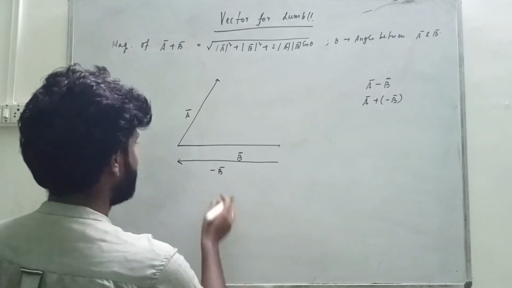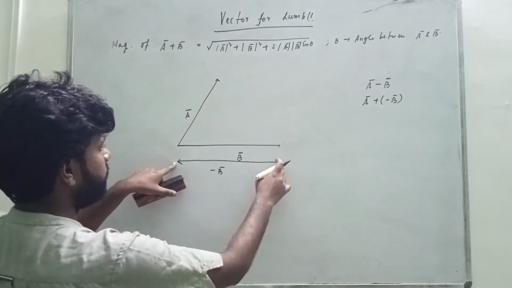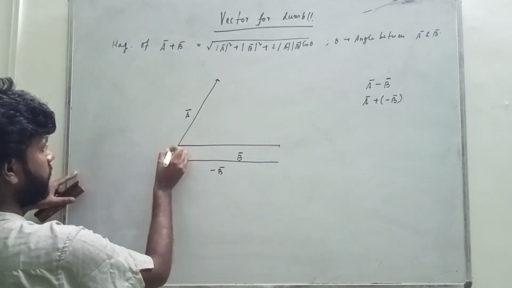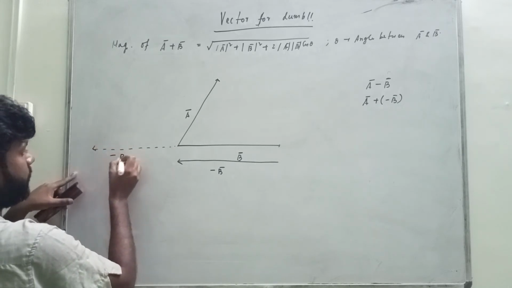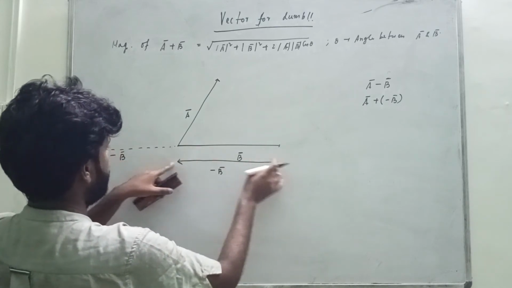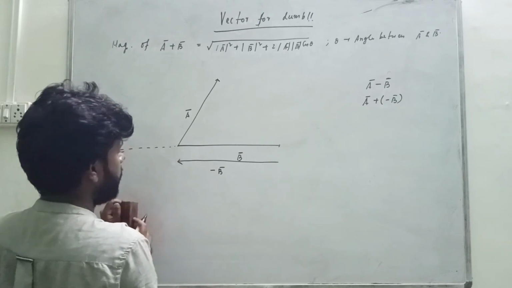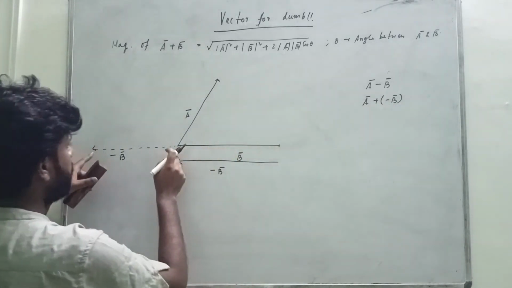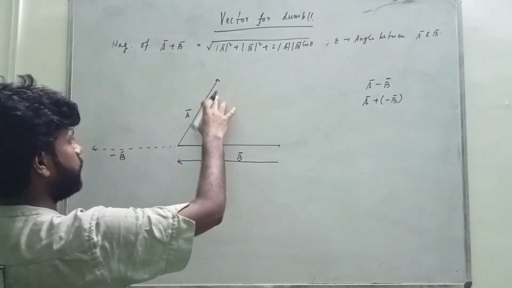Just take this and transfer it parallel to itself from here to there. So it is our minus B, same thing. I just parallel transferred this vector from here to there, and I want to calculate A plus minus B, I mean the addition of this with this. So all of you know what to do.